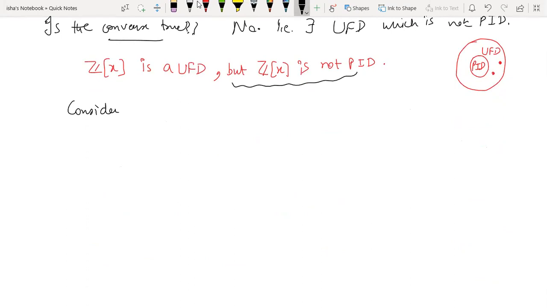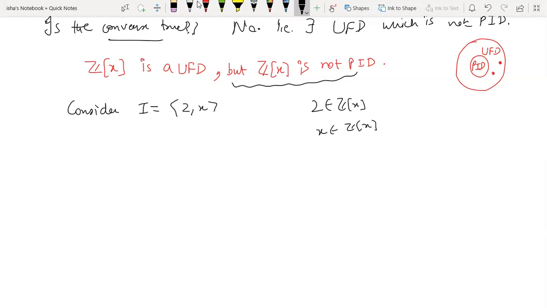I'm going to consider the ideal which is generated by 2 and x. It's going to be similar to the proof which we did in the very first theorem. So I'm going to generate an ideal with 2 elements, say 2 and x, because 2 belongs to Z[x] and x also belongs to Z[x].